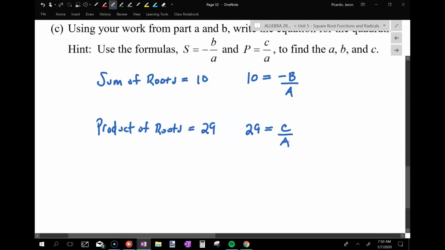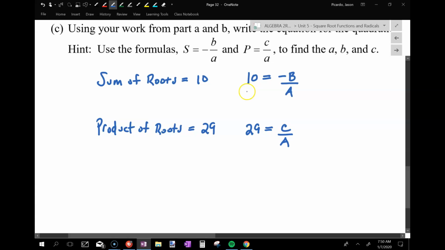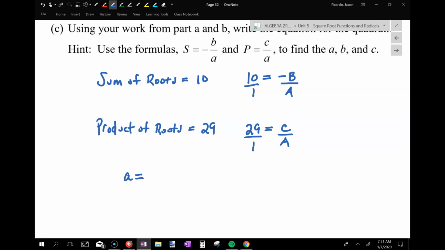But 10 and 29 aren't fractions. Yeah, they are. What's my value of a? What's the bottom of both of those fractions? 1.